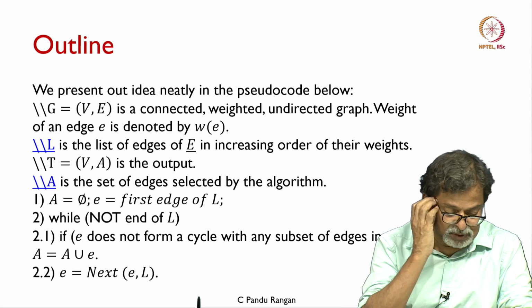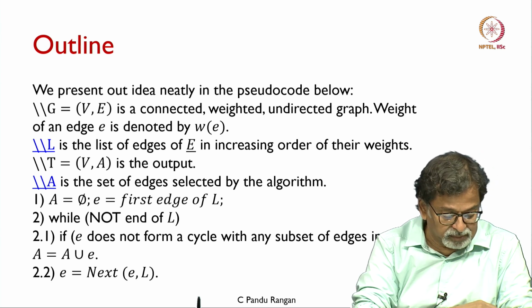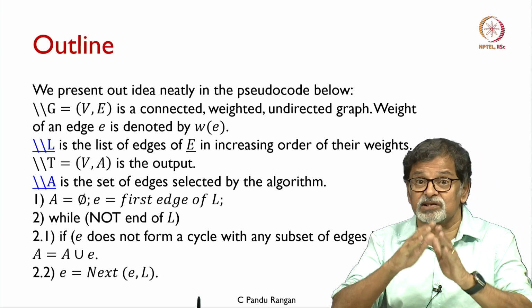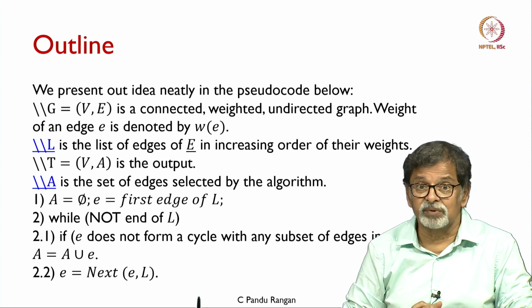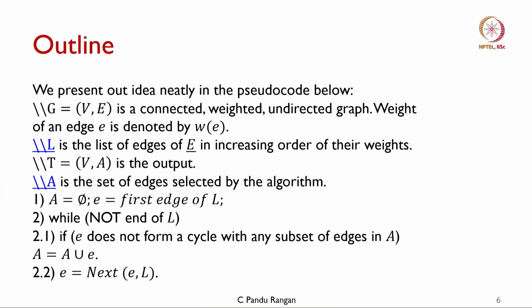Look at step 2: while not end of L, if E does not form a cycle with any subset of edges in A, A already has some edges, and E is not forming a cycle with any subset of edges, then A equals A union E. I am including E in A. In this way A keeps growing edge by edge.